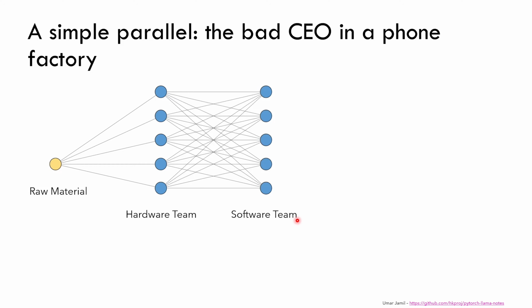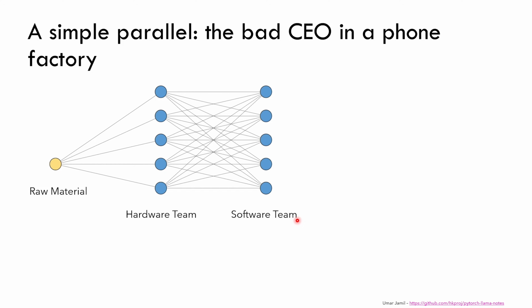Now the problem arises. The software team will now receive a hardware that it has never seen before, because the display has been changed, the Bluetooth has been changed, the Wi-Fi has been changed, everything has been changed. So the software team needs to redo a lot of work, and especially they need to adjust their strategy a lot because they are dealing with something they have never seen before.